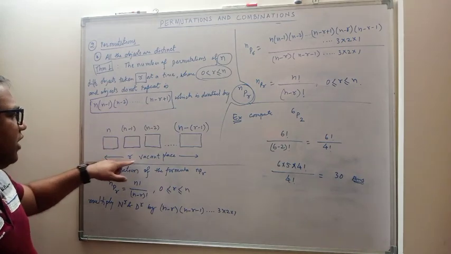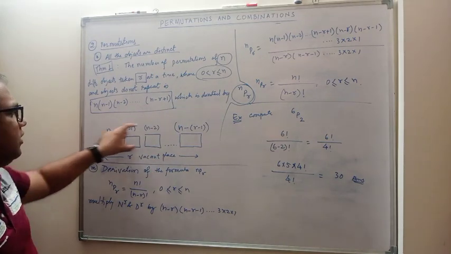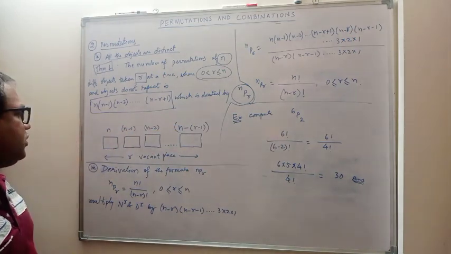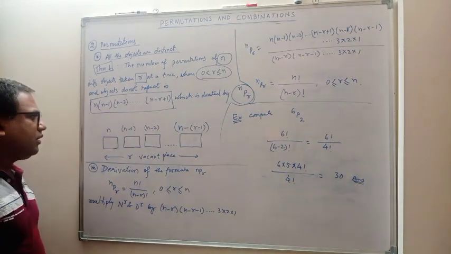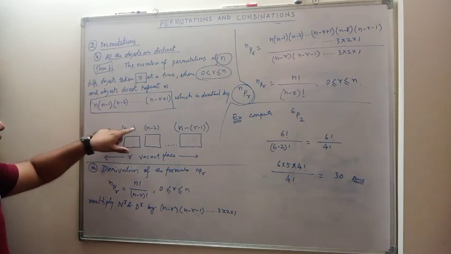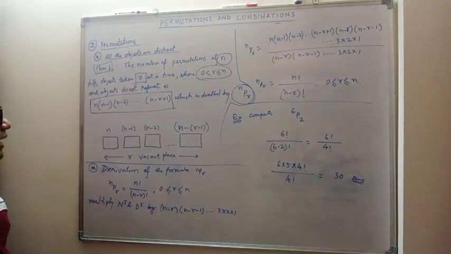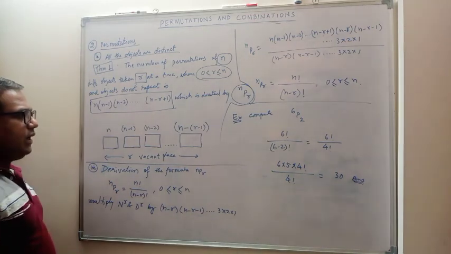So in r vacant places I can put n different objects in these many situations or this many times. By the multiplication principle or fundamental principle of counting, I have to multiply all those numbers so that I'll get my answer.